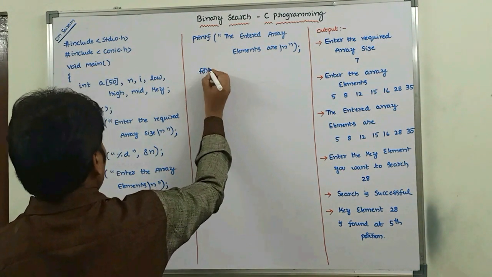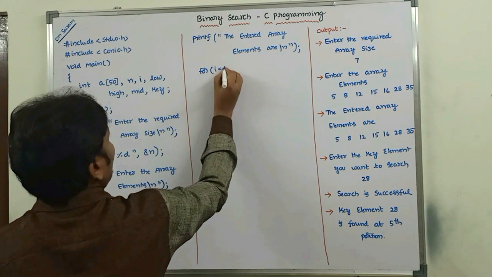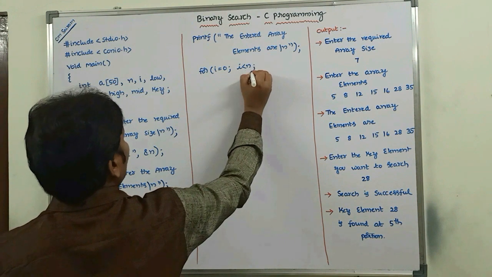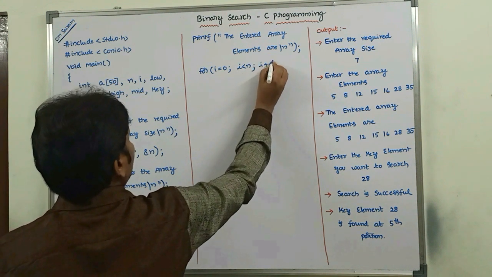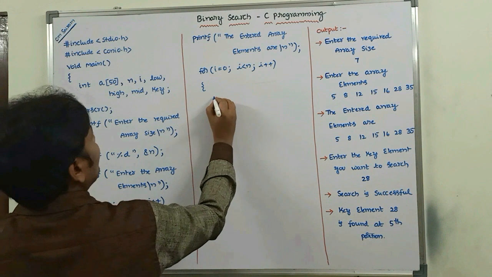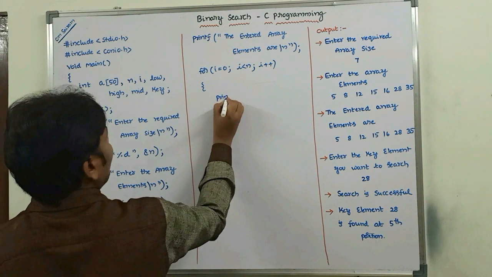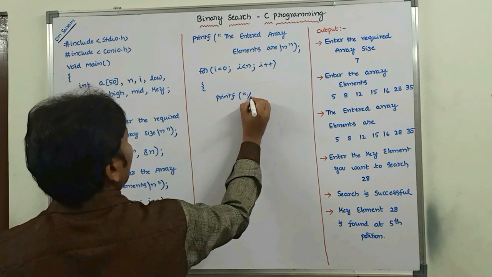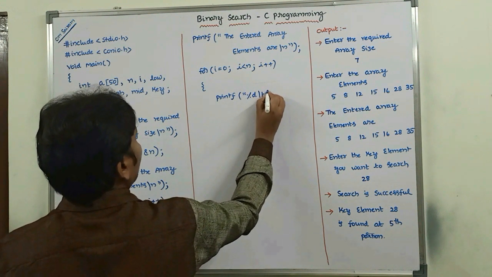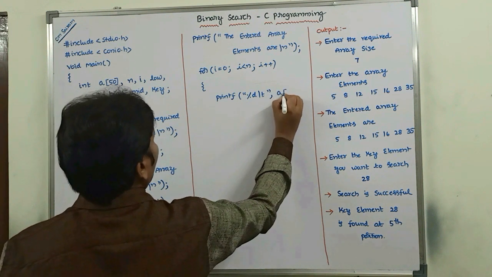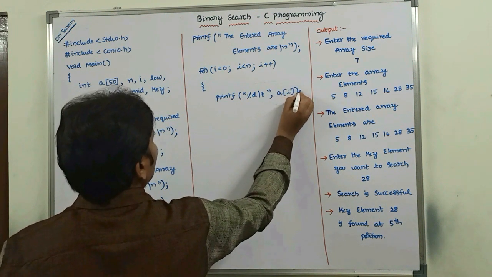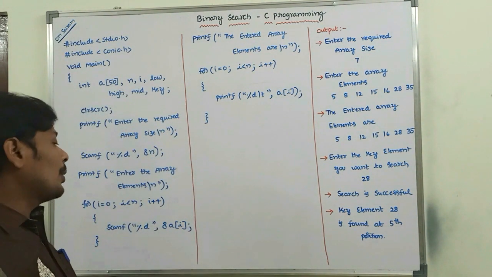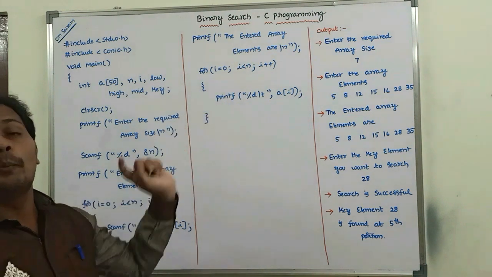For i is equal to 0, semicolon, i less than n, semicolon, i plus plus. Brace begin. So printf, %d, \t, double quotes and a of i. So whatever elements are read from the keyboard, those elements are printed.